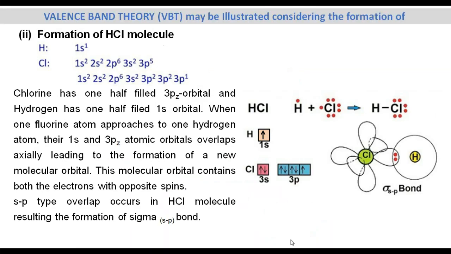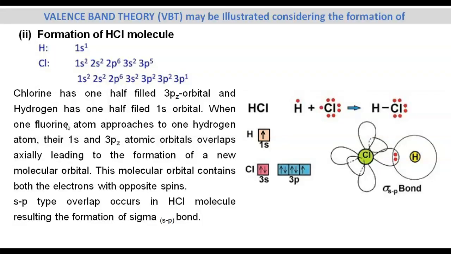The third example is the formation of hydrogen chloride. The electronic configuration of hydrogen is 1s1, and chlorine is 1s2, 2s2, 2p6, 3s2, 3p5. Chlorine has one half-filled 3pz orbital containing an unpaired electron, and hydrogen has one half-filled 1s orbital.